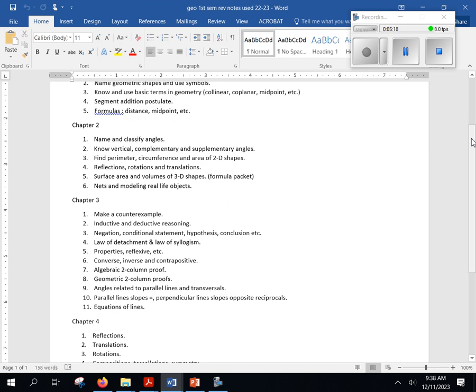I don't like saying opposite, but I think on the chapter 3 test it said something like, it is sunny. What's the negation of that? It is not sunny. Don't make that harder than it is. The two laws, know those. Properties, reflexive. Remember, reflexive says anything equals itself. Converse, inverse, and contrapositive.